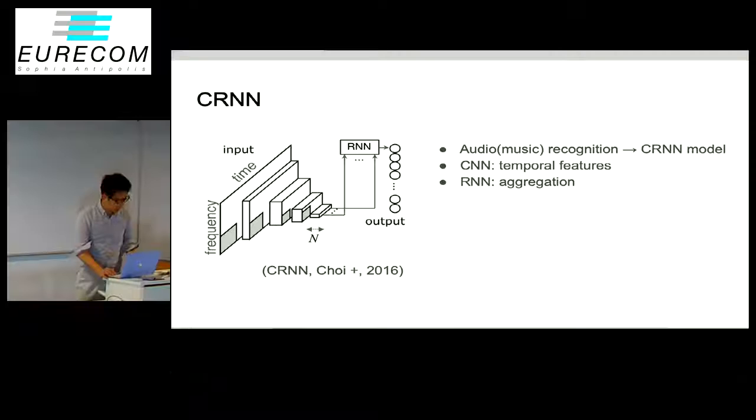When talking about non-time audio recognition, we think about the CNN. We usually use the CNN to extract the temporal features and use the RNN to aggregate the features.